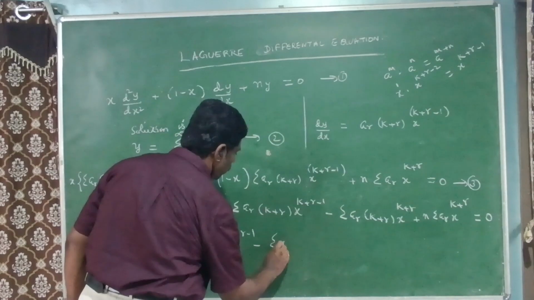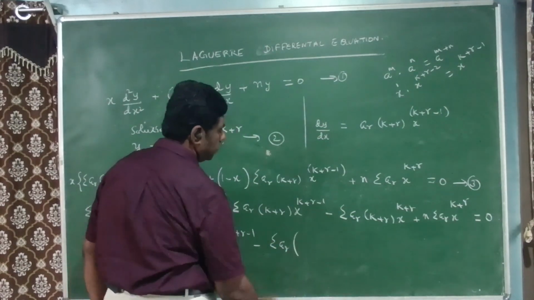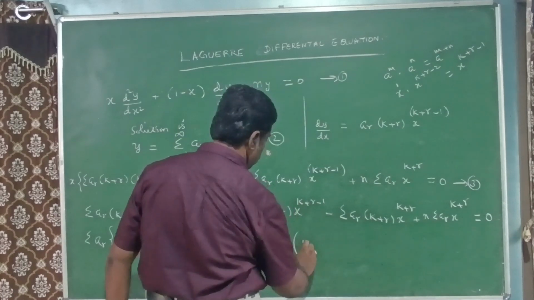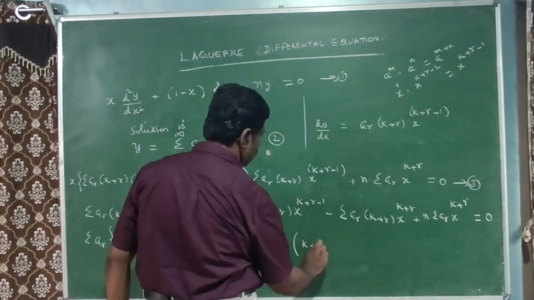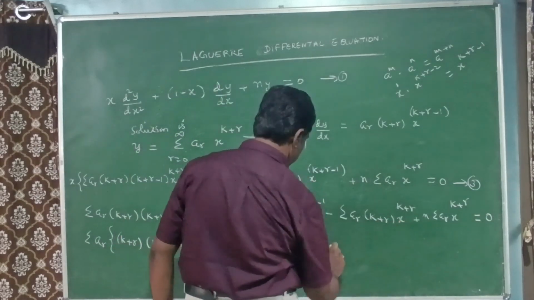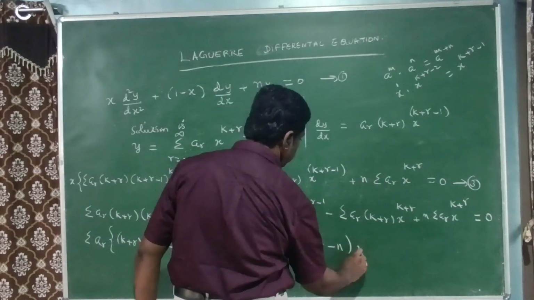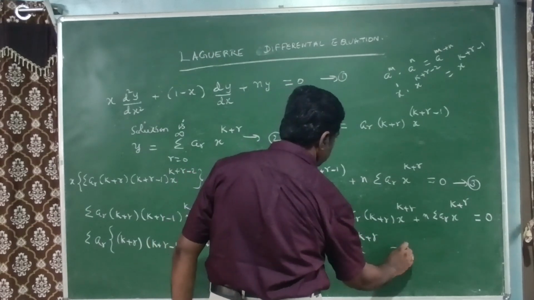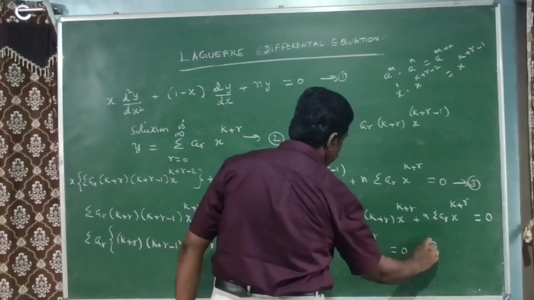Minus summation over a_r (k+r). We have taken out minus a_r as a common term, so minus n. Entire is multiplied by x^(k+r) is equal to 0. So this is equation number 4.